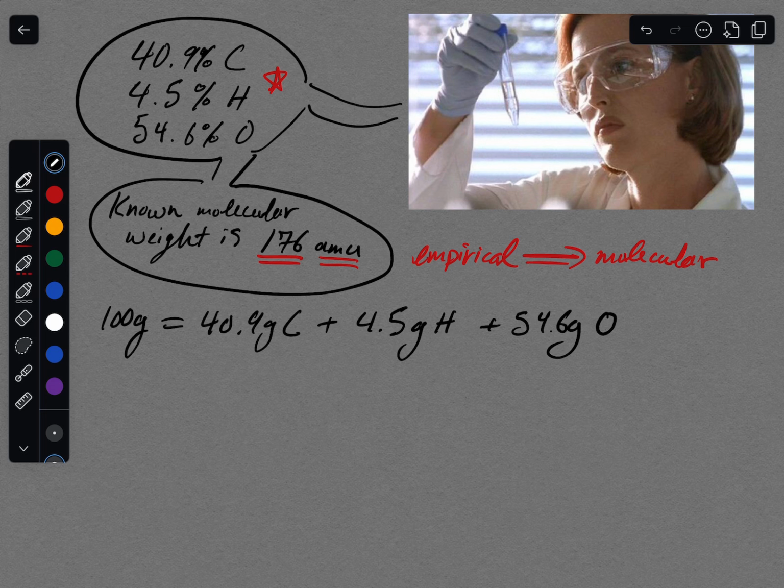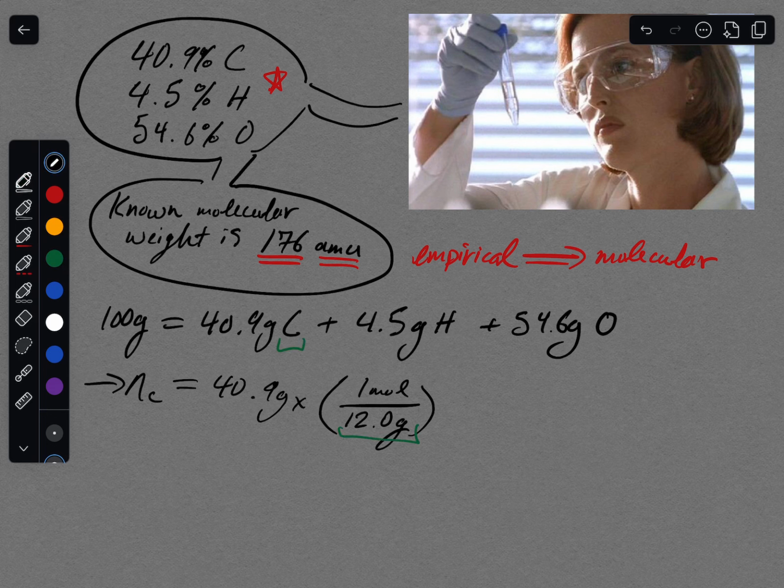So then finding the number of moles of these, the number of moles of carbon would be 40.9 grams times 1 over the molar mass of carbon. And rather than going down to the periodic table again, I'm just going to tell you that this is 12.0 grams. That's the molar mass of carbon.